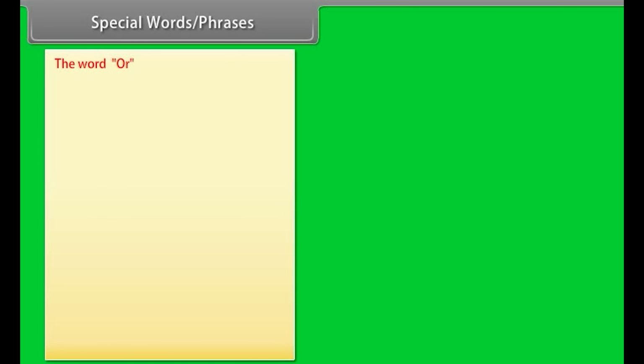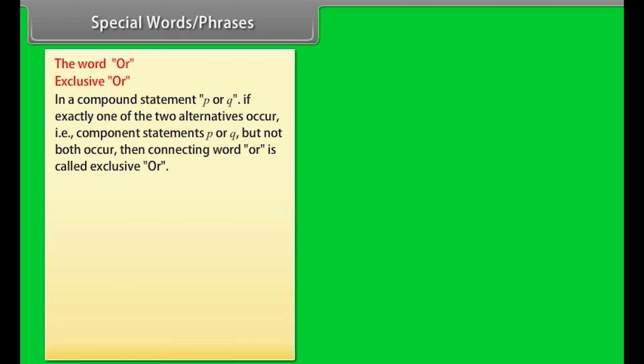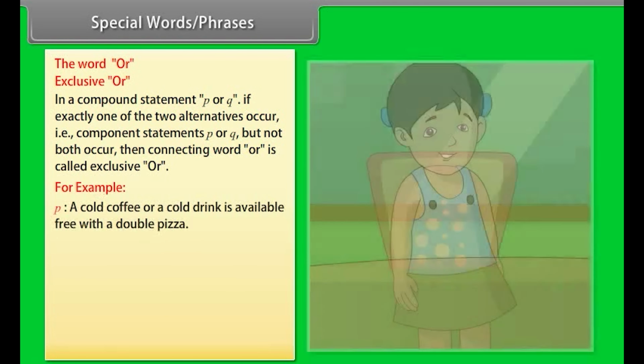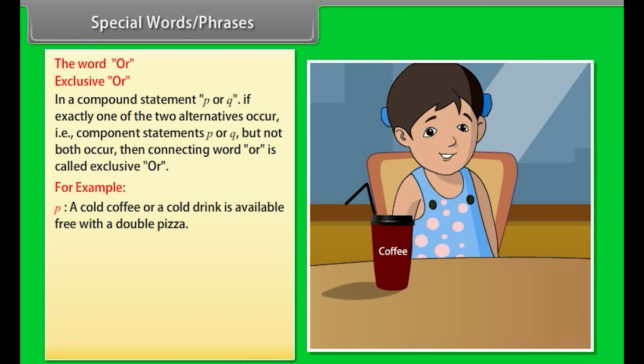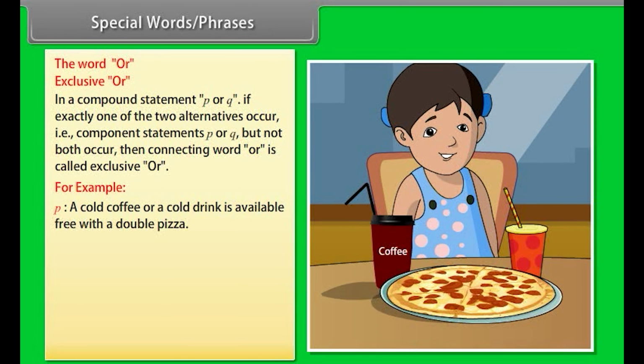The word or. Exclusive or. In a compound statement P or Q, if exactly one of the two alternatives occurs, that is, component statements P or Q but not both occur, then the connecting word or is called exclusive or. For example, P is a statement that a cold coffee or a cold drink is available free with a double pizza.